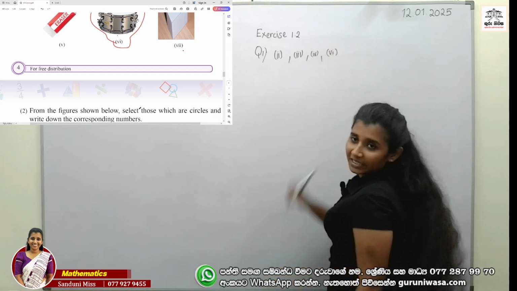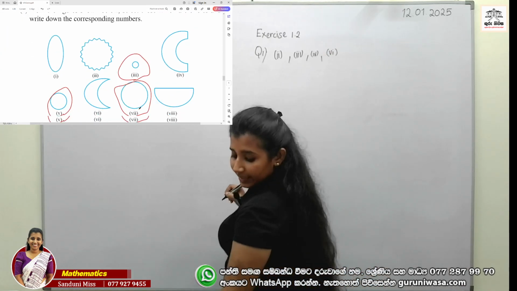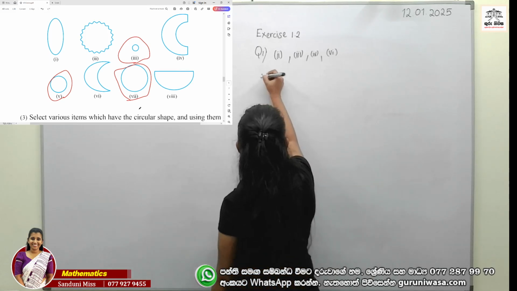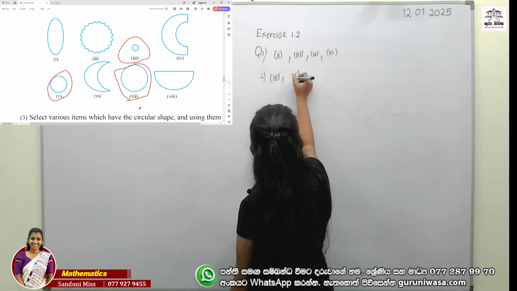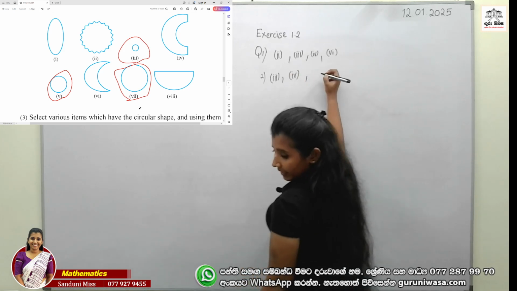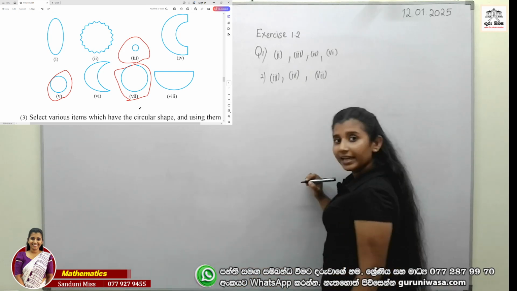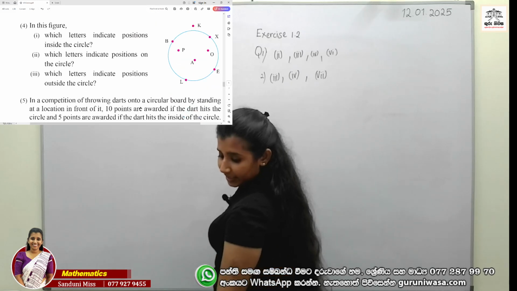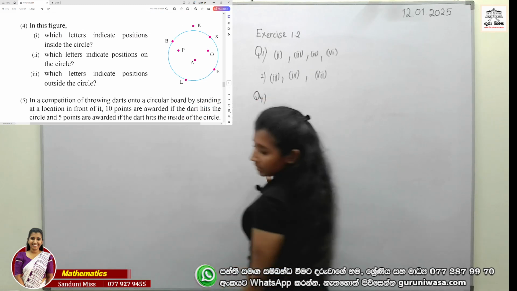These objects can be used to draw figures. Then they have asked you to identify the circles: 3, 5 and 7. These are circles, right? Question number 3 we have done in the class. Question number 4.